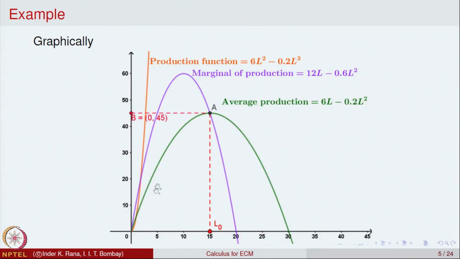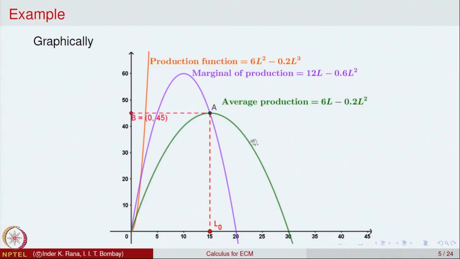These two graphs, the marginal production and the average production, intersect at the point A, where L 0 is 15 and the value is 45.